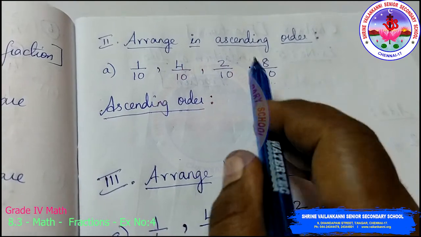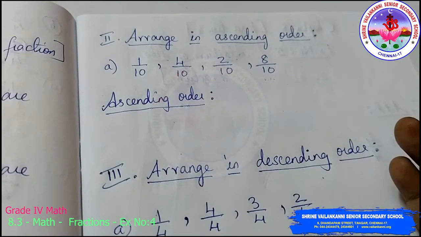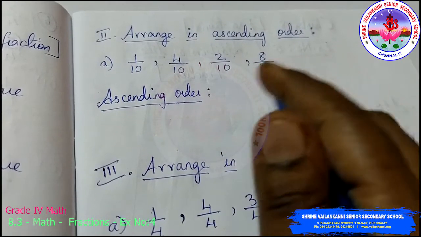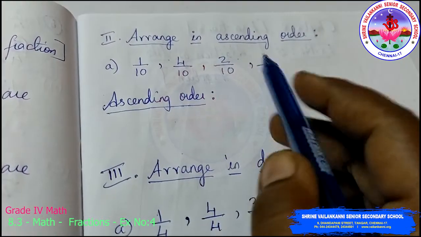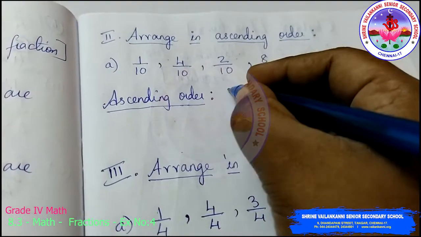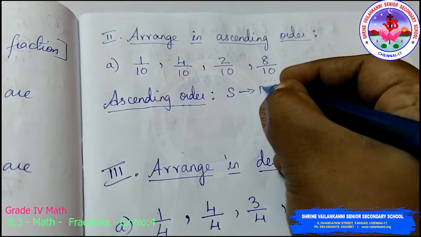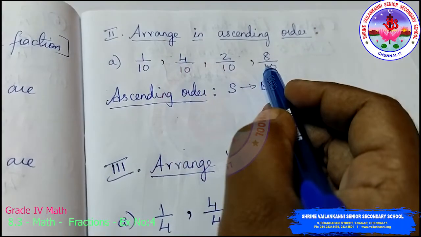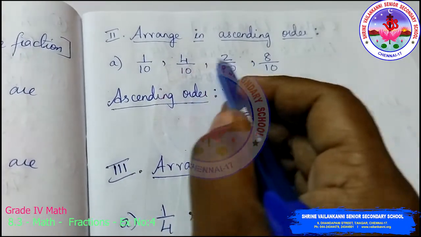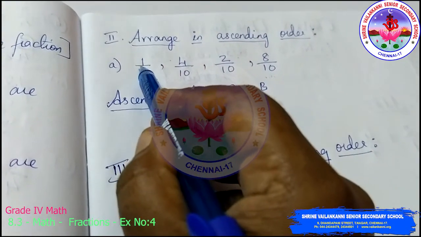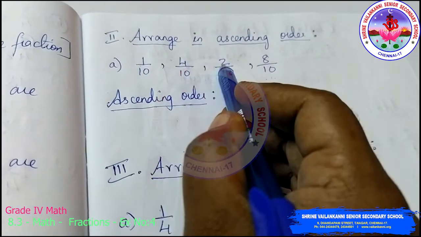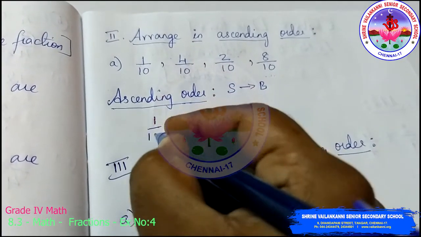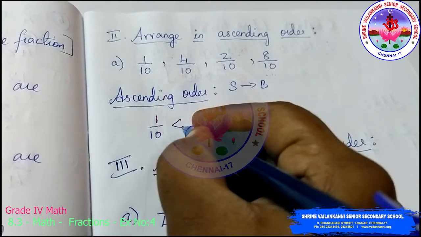Just as you compared the two fractions, in the same manner you are going to compare the numerators. Ascending order means we should always go from small to big. So first, compare the numerators. Which numerator has the smallest value? 1. This 1 is smaller when compared to all the other three numerators. So the first smallest fraction is 1 by 10, then the lesser than symbol.